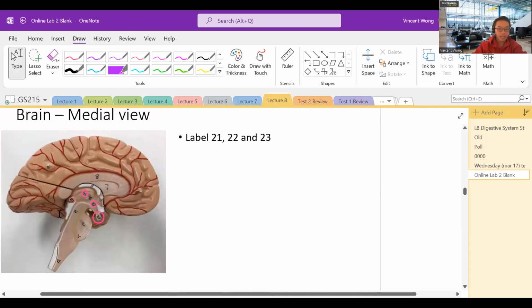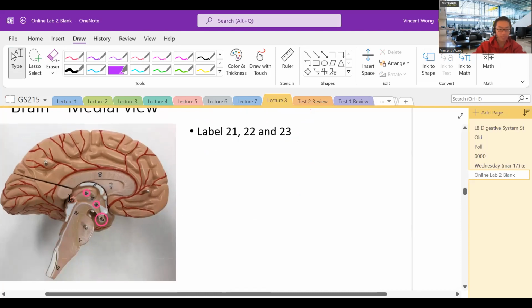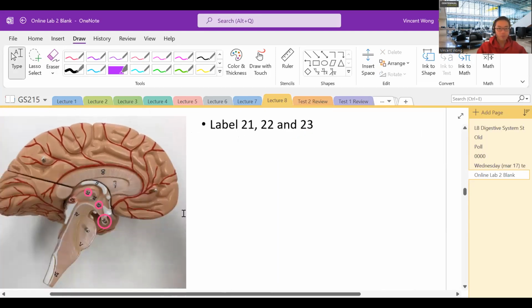All right, so we have three things here. I think this is the last brain diagram, I promise you. 21, 22, and 23. Okay? In fact, we talked about this several times already. 21 is in front of the thalamus, so that's the third ventricle, or the thalamus, we can say thalamus. Okay, and third ventricle.